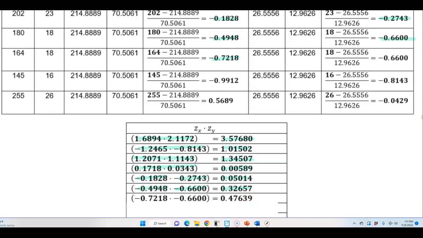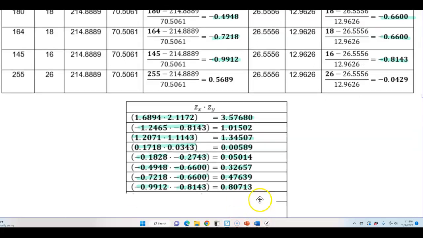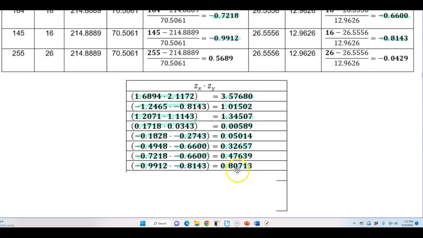And negative 0.7218 times negative 0.6600 gives us 0.47639. Negative 0.9912. Multiply that by negative 0.8143, and that's going to give us 0.80713, and the last one, 0.5689. Multiply that by negative 0.0429. It gives us negative 0.02441.